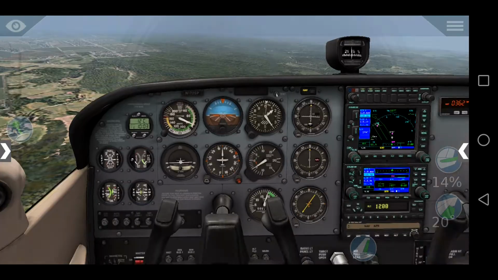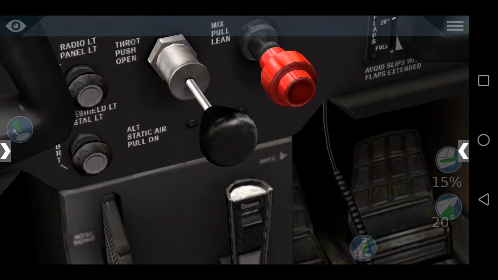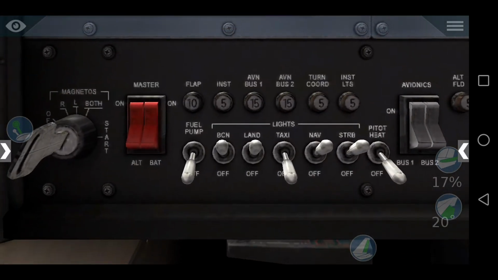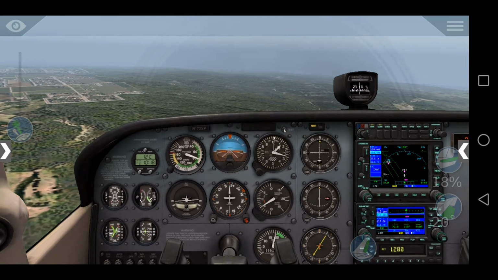Mixture is full rich, and then landing lights must be on. Landing lights are on, and airspeed must be between 65 and 75 with flaps up, and 60 to 70 knots with flaps down. And yeah, we are getting there.